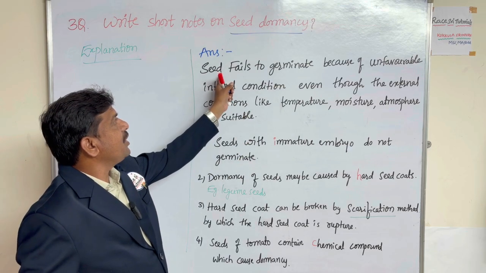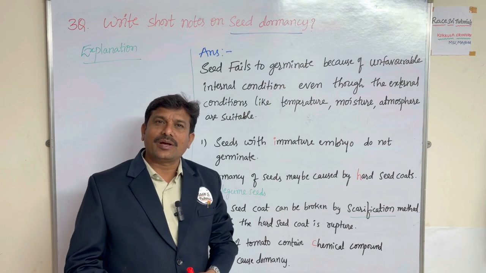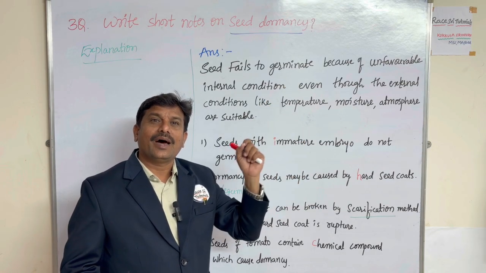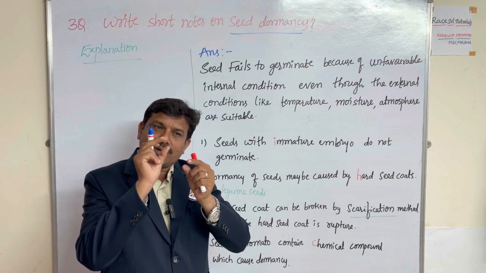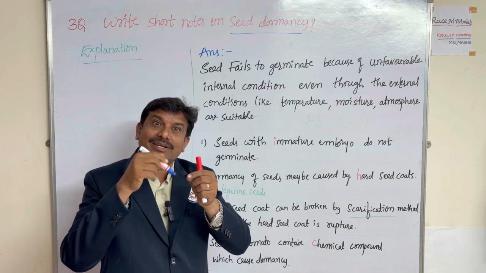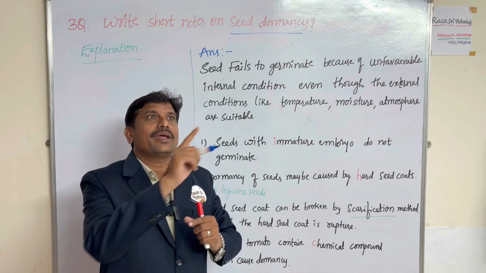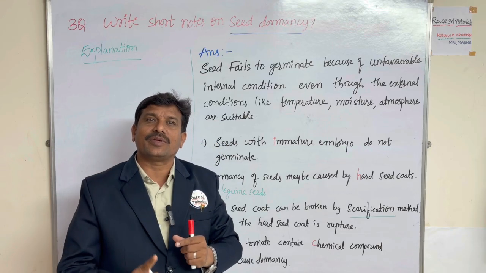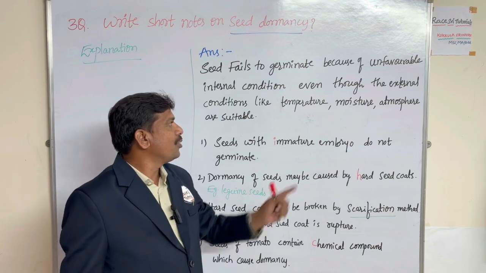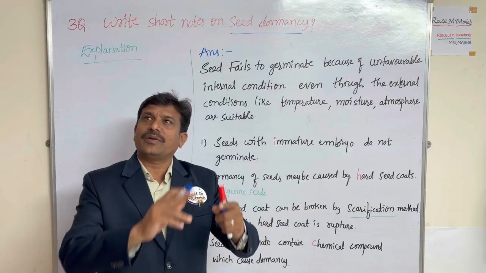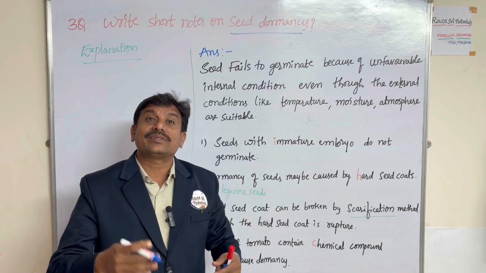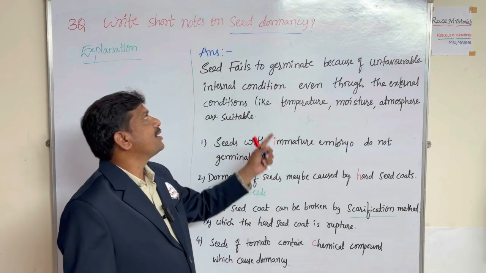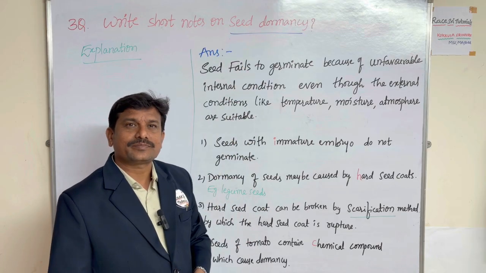The seed fails to germinate because of unfavorable internal conditions. The external temperature, atmosphere and moisture are all very good, but there is an internal problem. So that's why seeds are not germinated. That is seed dormancy.